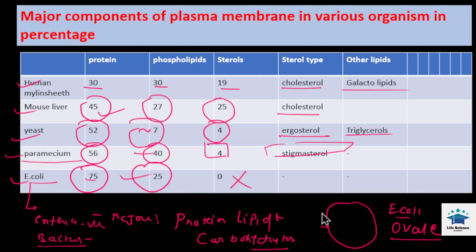Why? Because E. coli possesses lots of transporter proteins in its plasma membrane. And this is the cytosol, and here is the nucleoid, which we call the genome of E. coli.